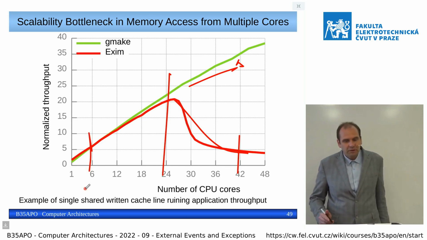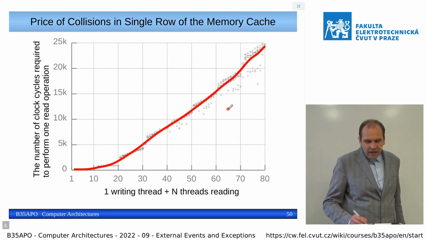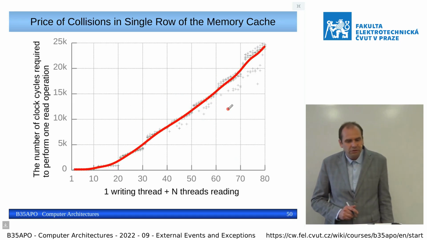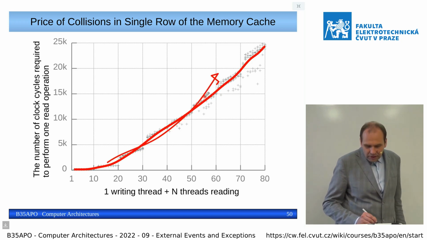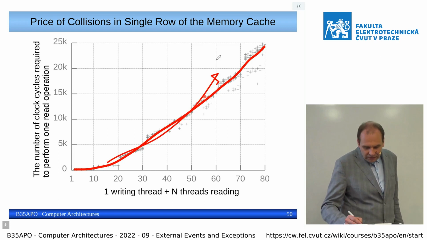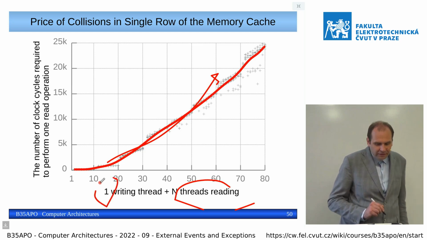This can happen, basically. This is the problem of the application, and you need to think how the synchronization works because you can lose throughput. This is the time it takes to do a single read on a location where n threads try to read that location and only one is writing.